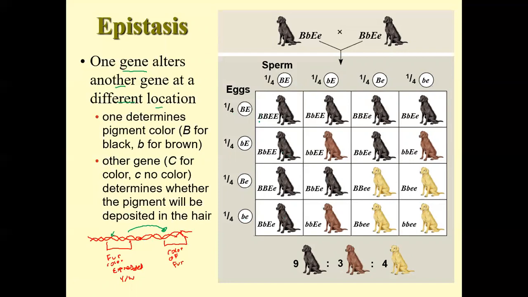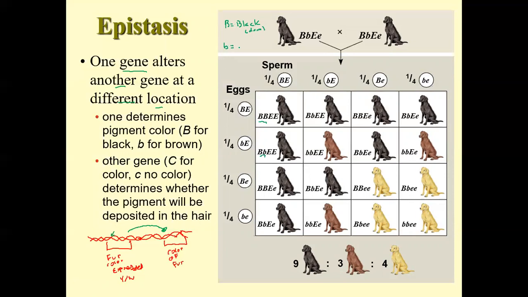So basically what this is showing you is, according to this lab, it looks to be that big B is going to determine the color. So we're going to say that big B is representing, we'll say, black, right? And we're going to say that that's dominant.